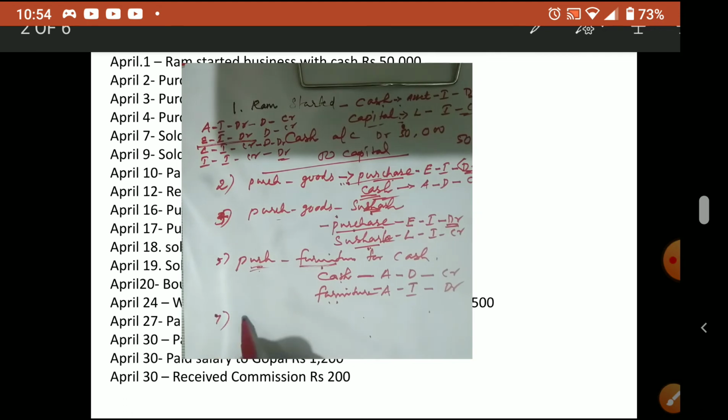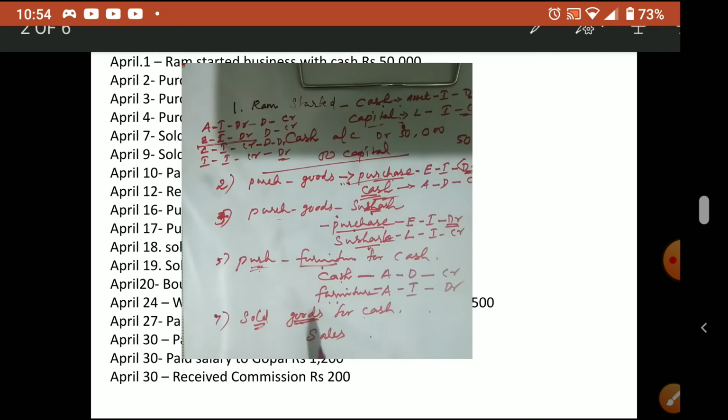Seventh, sold goods for cash. What we sold? Goods we sold. When goods are purchased, we write purchase. When goods are sold, we have to write one aspect as sales. Only when goods are involved will the words purchase and sales come. For any other item or asset, when you purchase, you write that asset name.